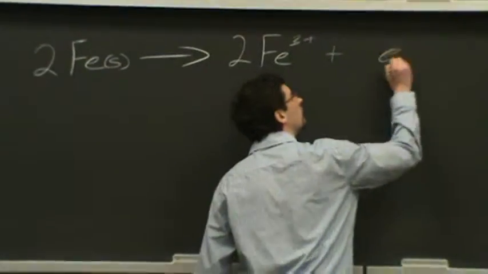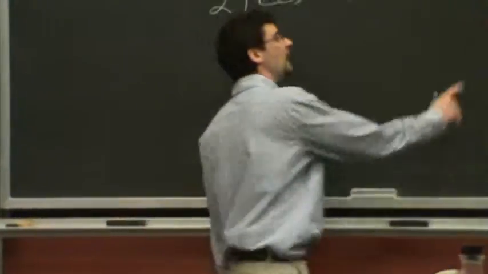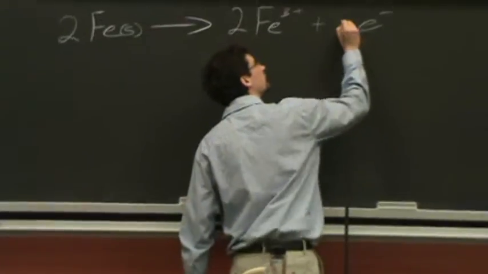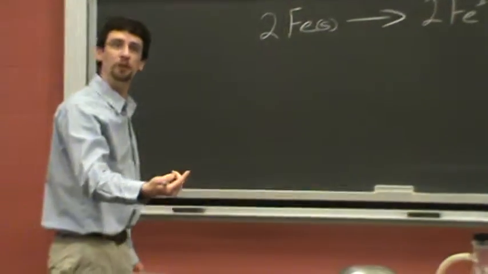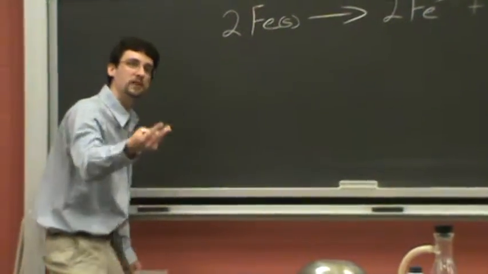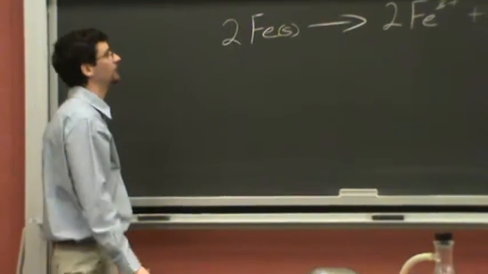The right. Why? Charges are equal on both sides. We need to conserve charge on both sides. How many electrons do we need? 6. We know that because each iron goes from an iron 0 to a +3, showing that each of them needs to give off 3 electrons. Since there are 2 of them, it's a total of 6.